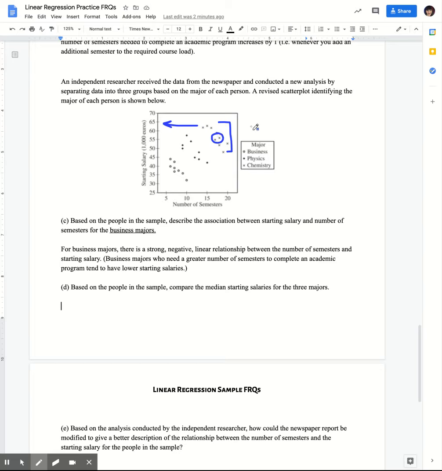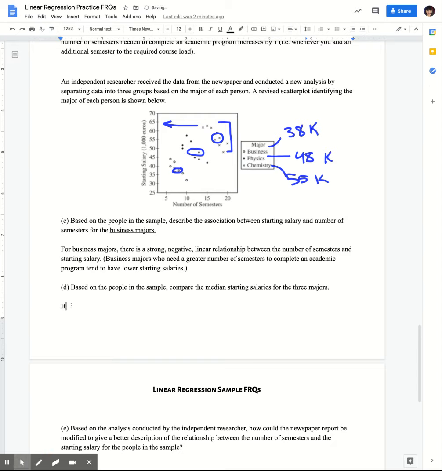So somewhere around 55,000 euros. The middle for the physics majors is probably about there, which is maybe like 48,000. And then for the business majors, it looks like the middle's about right here, which looks like about 37 or 38. So I'm going to say $38,000. Okay, so we just need to now compare these.